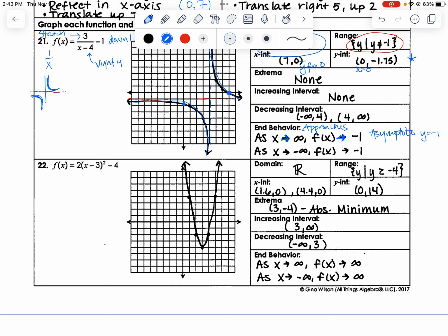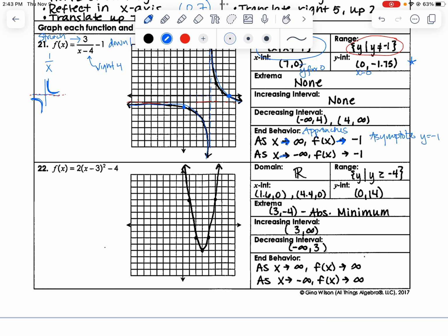Now the end behavior is that as x approaches -infinity, so as I go out to the left on this function, what do the y values do? They also approach -1. So as x gets bigger in the positive and more negative in the negative, the tail ends are approaching that y value of -1.